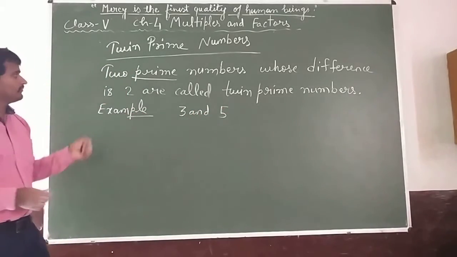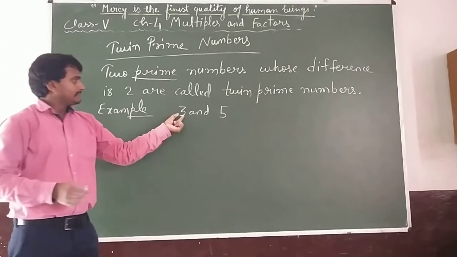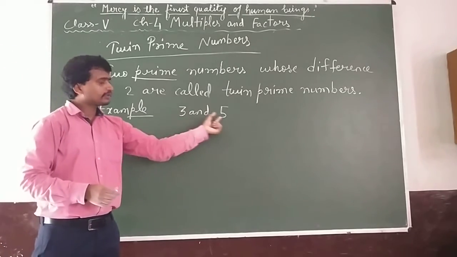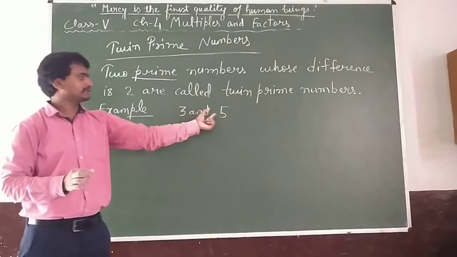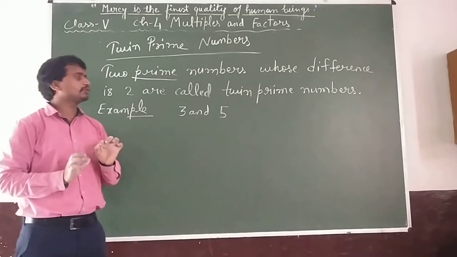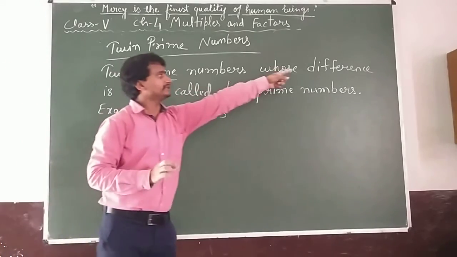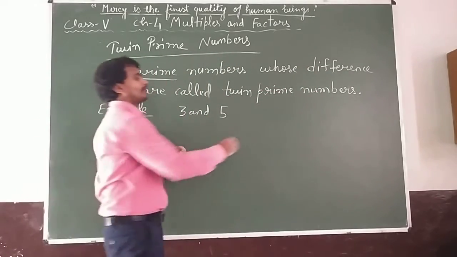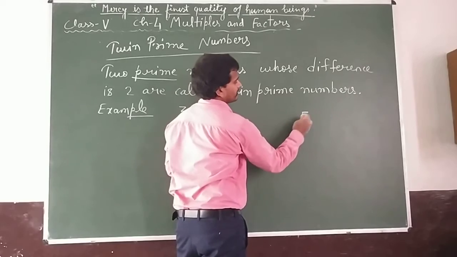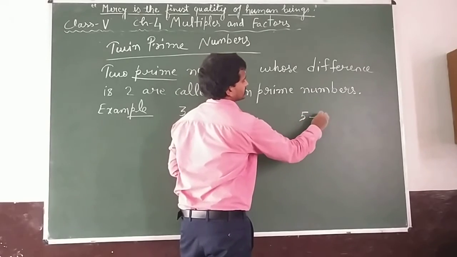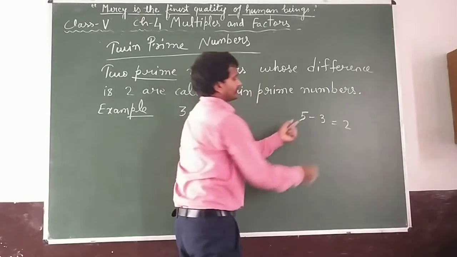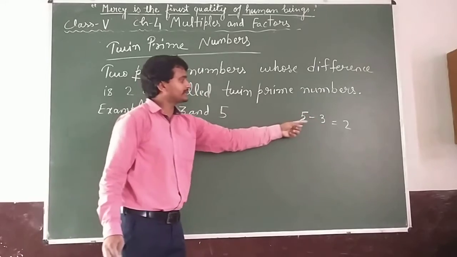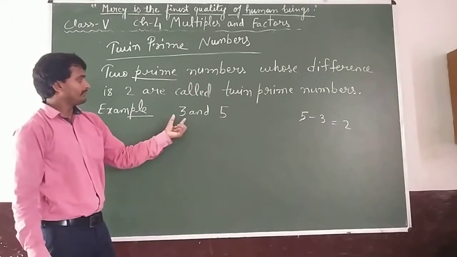3 and 5. Both are prime numbers. 3 is prime, 5 is also prime. And difference, that means 5 minus 3. What is the difference? Larger number minus smaller number. Difference between them is 5 minus 3, that is 2.